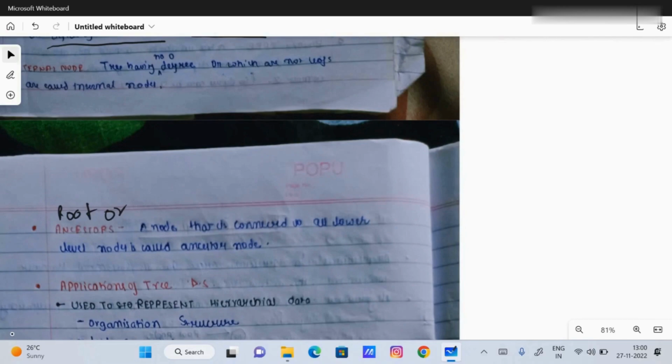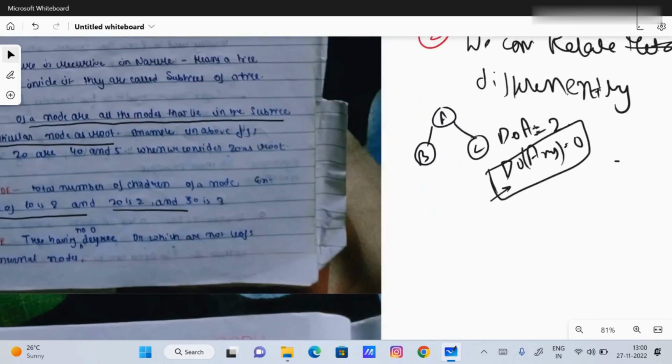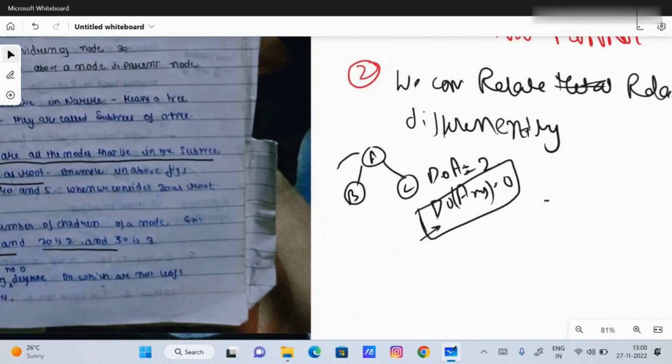We can also call it a root, because the ancestor and root definitions are the same. Here, A is called a root, and A can also be called the ancestor of B and C.